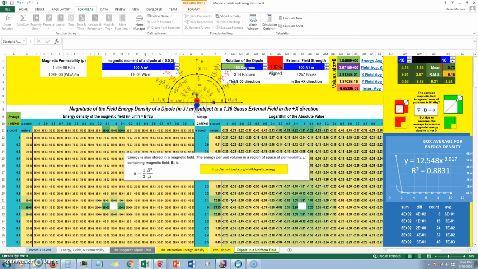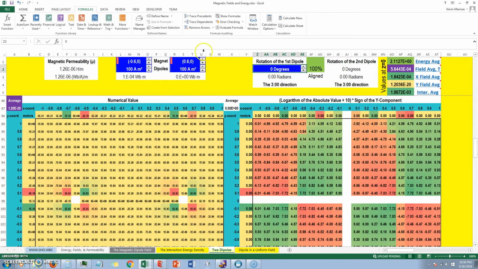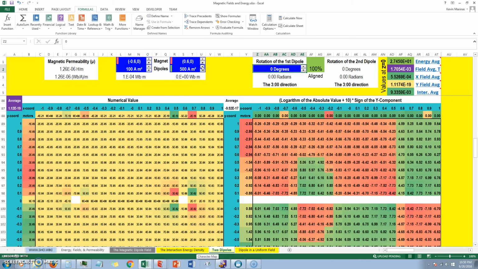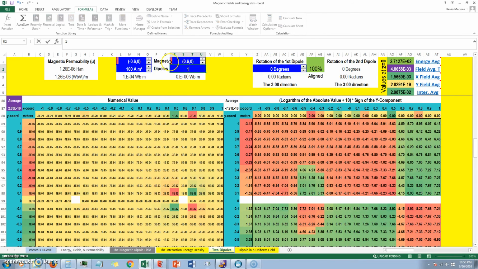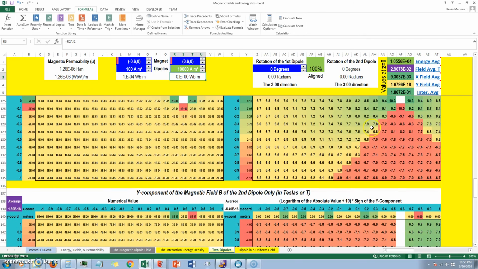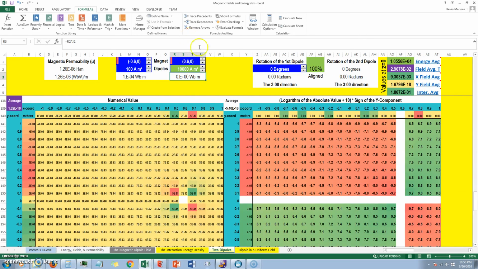And of course, with an external magnetic field, the idea of having a perfectly uniform magnetic field to infinity doesn't make much sense. Let's just look at this one, for example. Because in the end, all magnetic fields are coming from somewhere. So even if we had this thing, it has to come from somewhere.